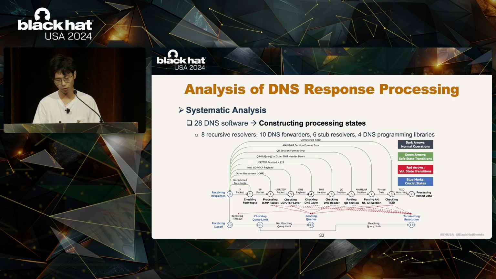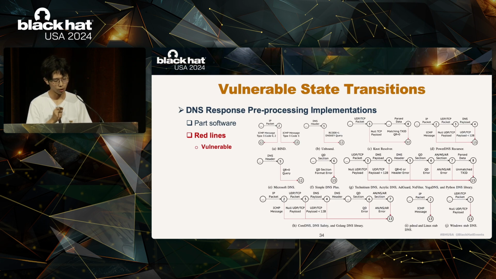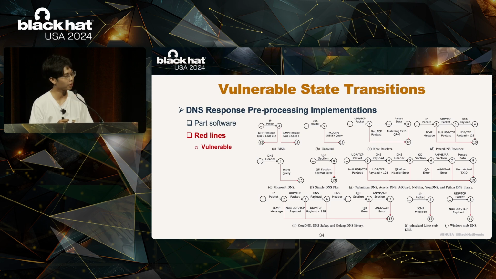All software will return to the receiving response state to receive a promising response. Based on the basic logic, we found many implementations are vulnerable to special packet processing states. The red line shows the vulnerable state transitions that can be leveraged by attackers as side channels. We just list part of them here. If you're interested, you can check our paper for more detail.